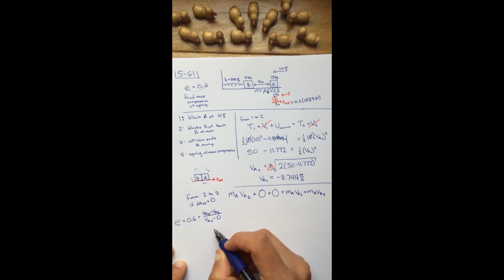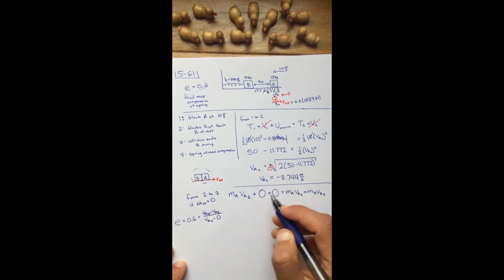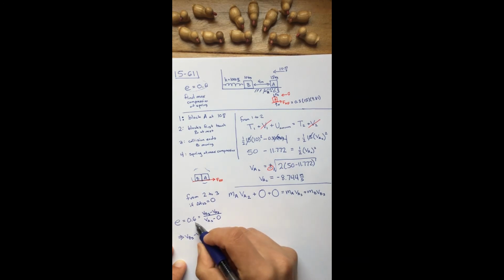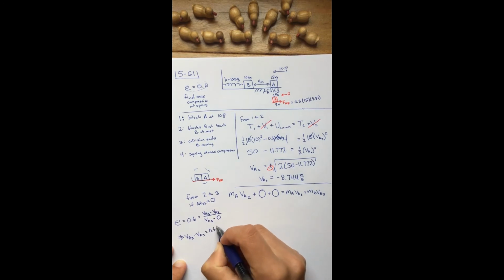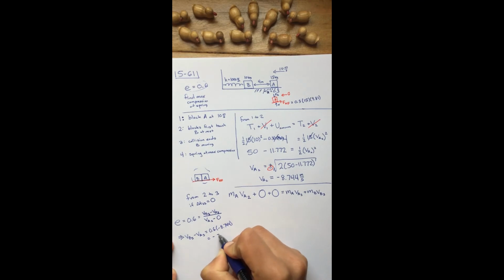And I know VA2 and it's negative, so I have to put in negative 8.744. I'm also going to multiply both sides by VA2, so I have 0.6 times minus 8.744, and that is minus 5.246 for VB3 minus VA3.